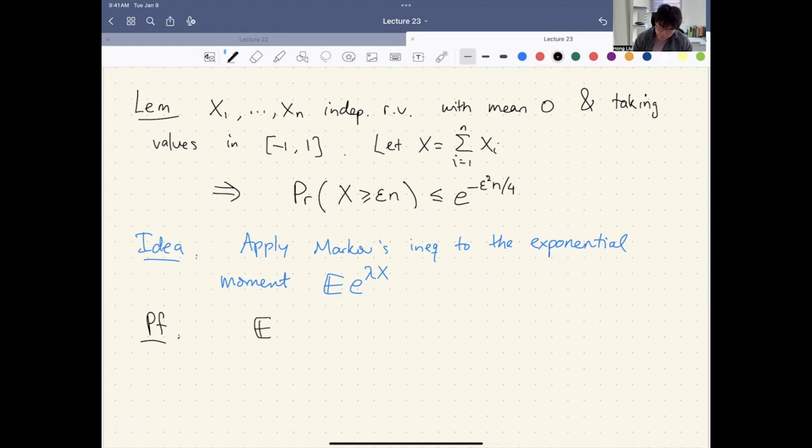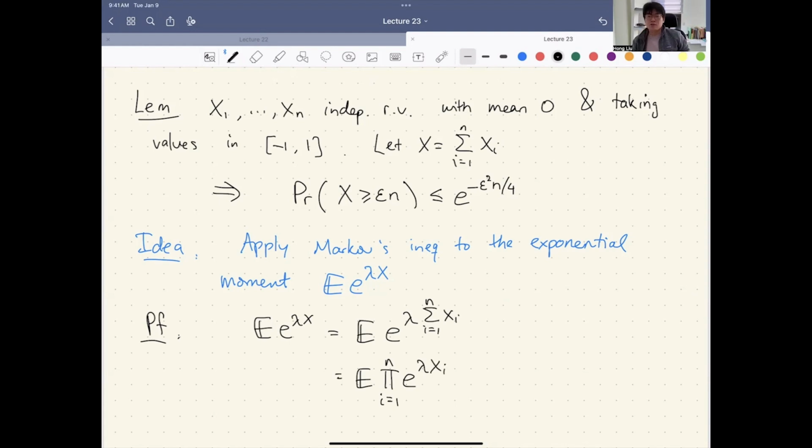We have for this exponential moment, x is the sum of xi, so let's write it out. We have the expectation of e to the lambda sum of xi, i goes from 1 to n. Now, the sum in the exponent is a product. So this equals the expectation of the product, i from 1 to n, of e to the lambda xi, no problem.